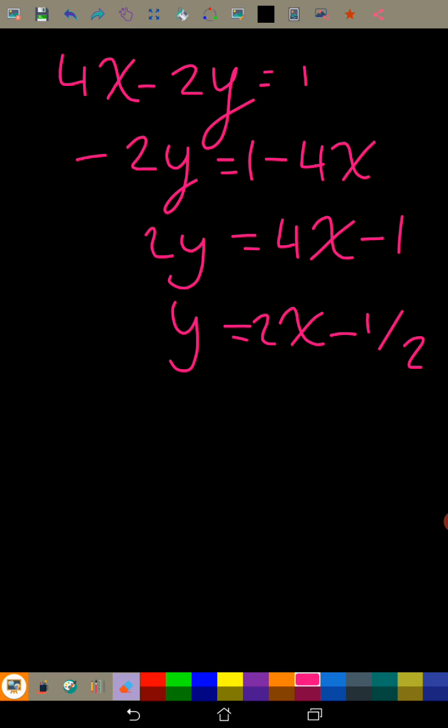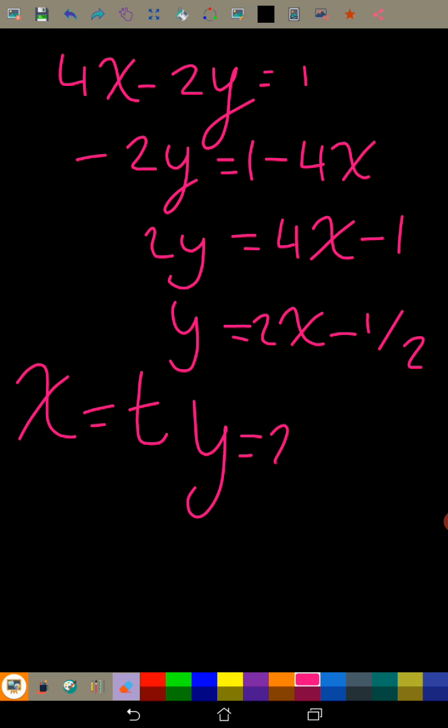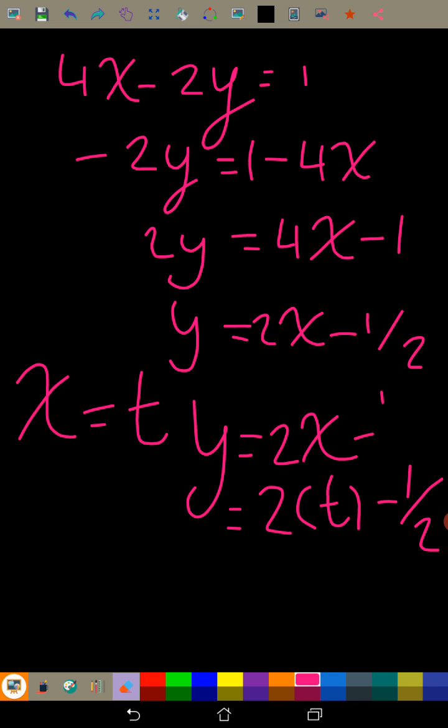So by replacing t, because we said, sorry, I'm trying to learn how to write in a very nice way. X is equal to t, so we can replace t here. So we will have t here, minus half, so 2t minus half. Having replaced it, we'll get a value.